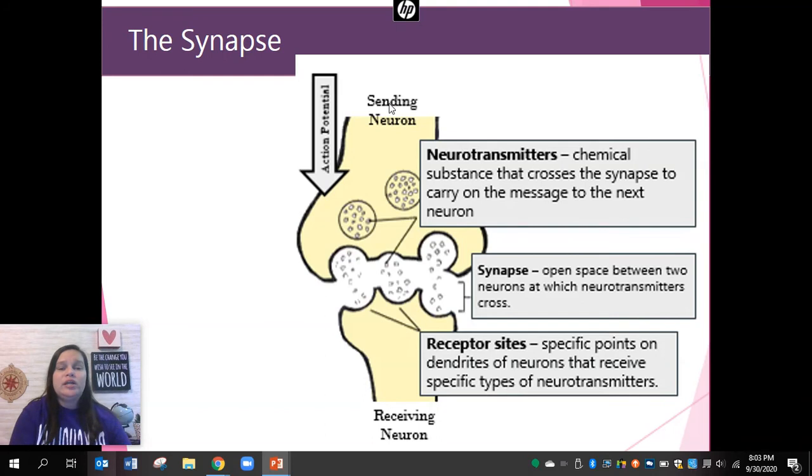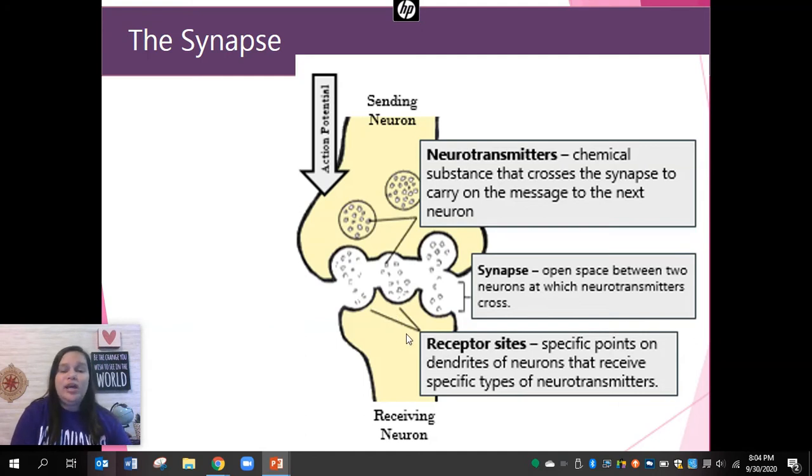So a neuron has that action potential, neural impulse, they're the same thing. It's going to travel to the end of the neuron, but the action potential cannot cross the synaptic gap. So instead, it forces neurotransmitters out of the neuron, and neurotransmitters are these little bitty chemicals that float across the gap, and they bind to the next neuron, the receiving neuron.